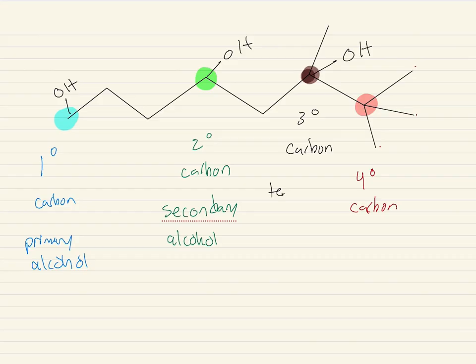And a tertiary alcohol is when an alcohol group is bonded to a 3rd degree carbon, right? So amines, it was how many R groups are bonded to the amine that determines if it's primary, secondary, or tertiary. For alcohols, it's what degree carbon the alcohol is bonded to. So it's dependent on the R group that it's bonded to, whereas amines are how many R groups are bonded to it itself.